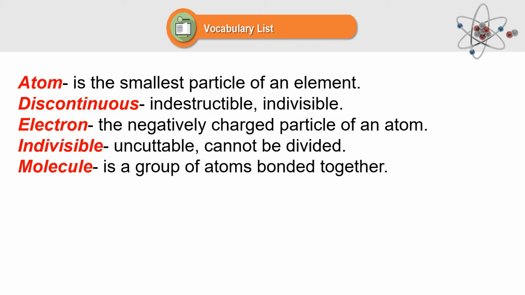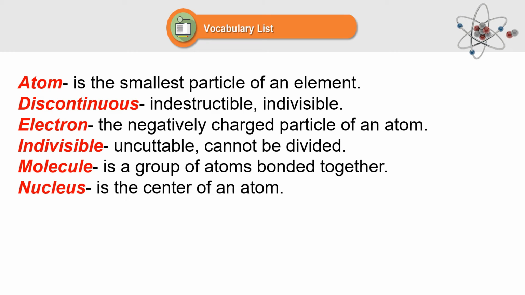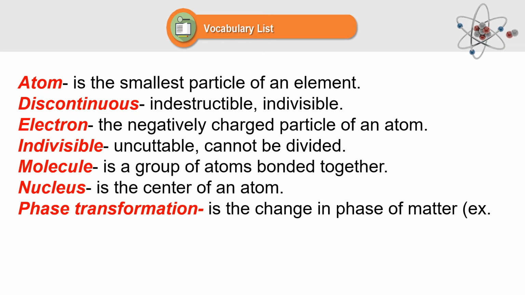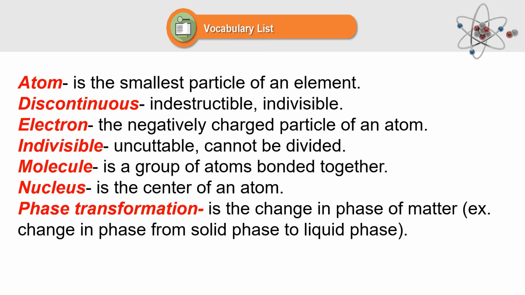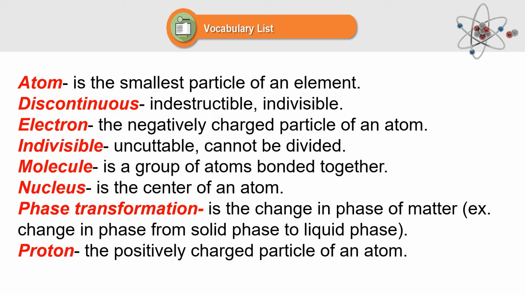Molecule is a group of atoms banded together. Nucleus is the center of an atom. Phase transformation is a change in phase of matter. Example, change in phase from solid phase to liquid phase. Proton, the positively charged particle of an atom.